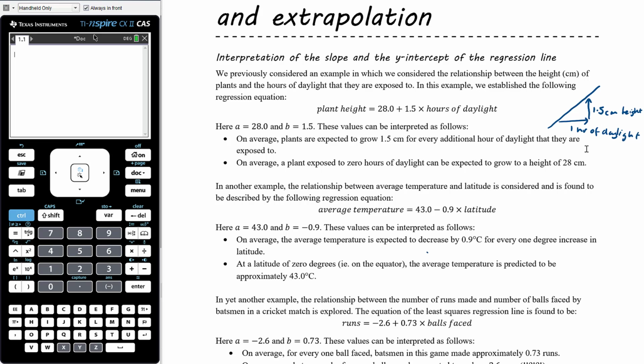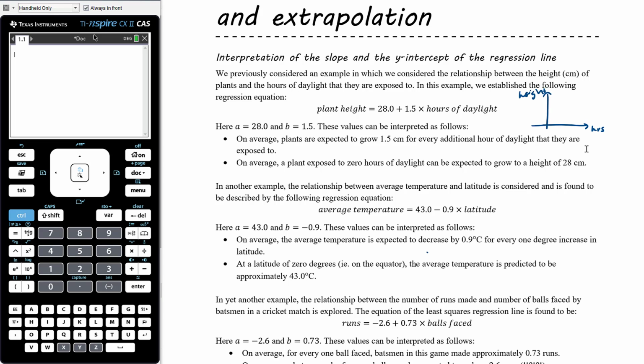The second sentence, the interpretation of the y-intercept. So remembering the y-intercept, let me just get rid of this area over here so I can draw here. So remembering the y-intercept, we've got our scatter plot, this is our hours of daylight, this is our height in centimetres.